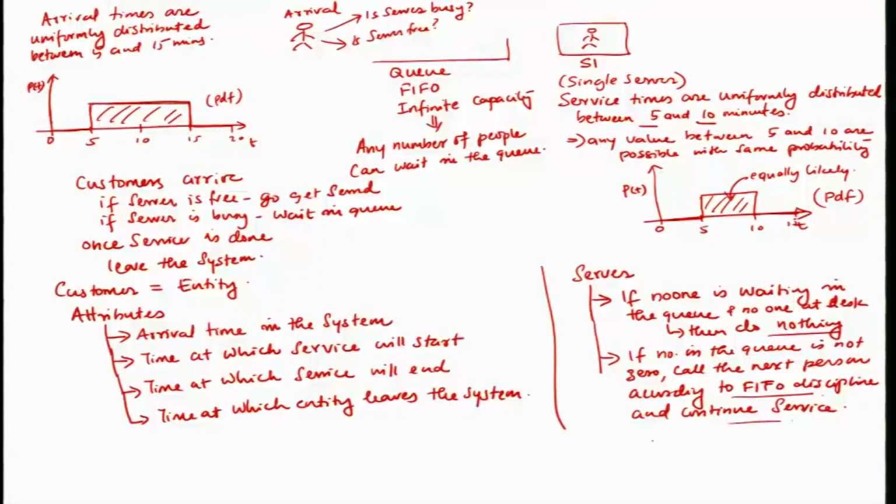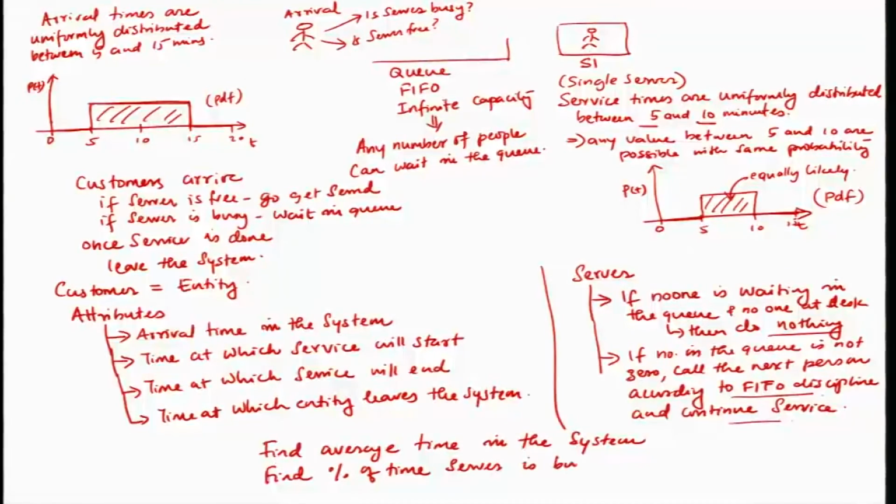And at the end of the day, we are trying to find average time in the system and find percentage of time server is busy. So, these are the two questions that we are interested in answering in this particular simulation.